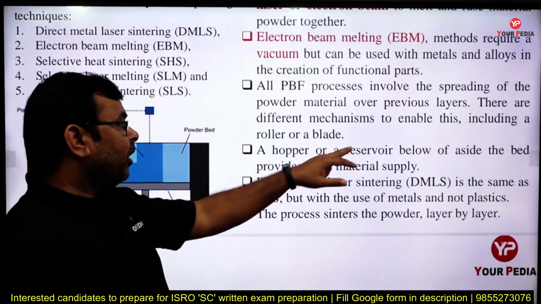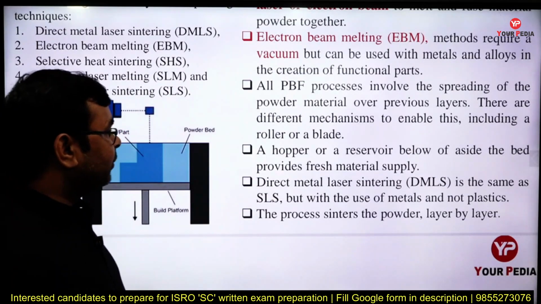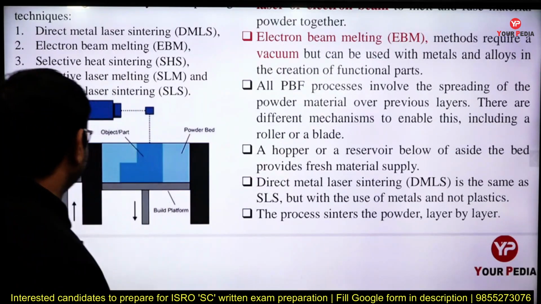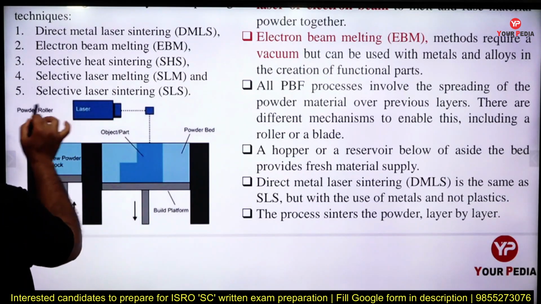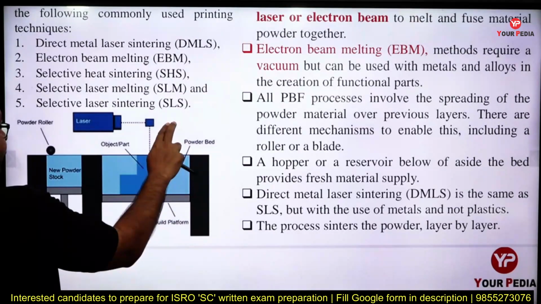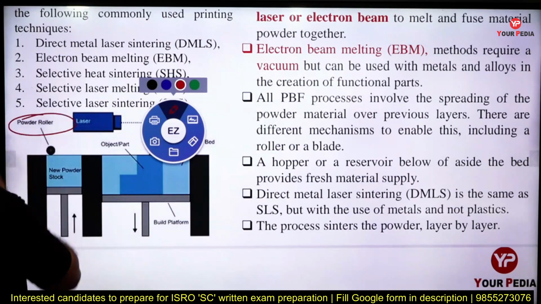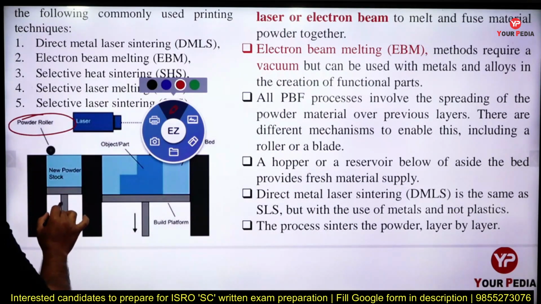A hopper or a reservoir below or aside the bed provides fresh material supply. Here we have a powder roller which provides fresh powder which can be spread over the build platform. You can see this is a powder roller, and this is a new powder stock, correct.